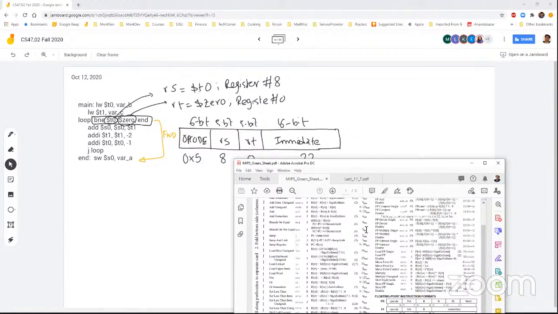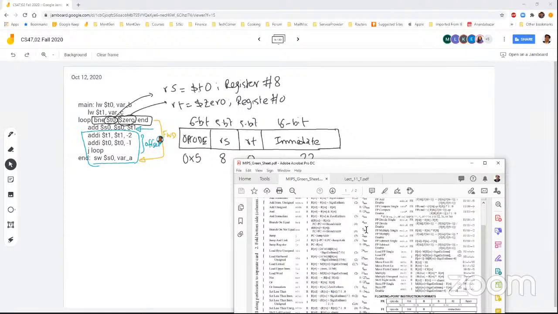What we'll do is count the number of instructions till this one, from the next instruction. It is with respect to the next instruction that I calculate the offset.